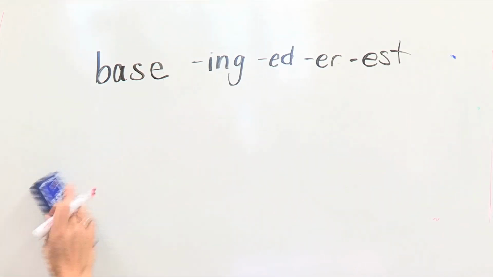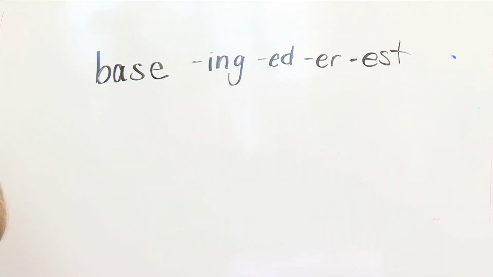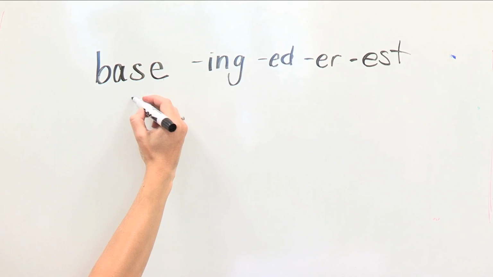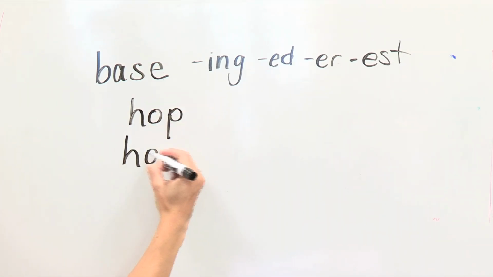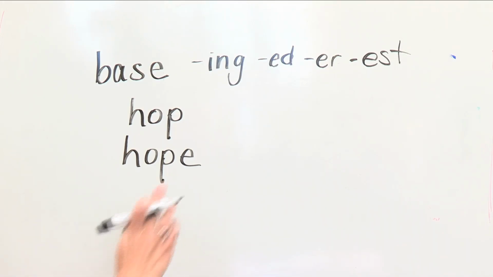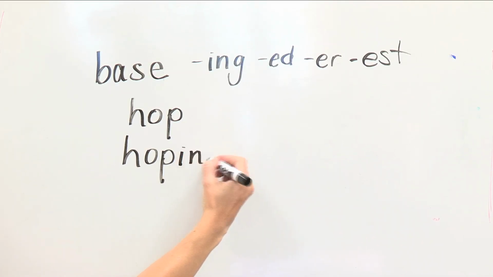And a lot of these rules also apply if you wanted to add ER and EST. Okay? So let's look at the following words. Hop and hope, which are very easily confused. So if I want to say I am hoping I will do well, what do I do? I drop that E and I add ing, hoping.